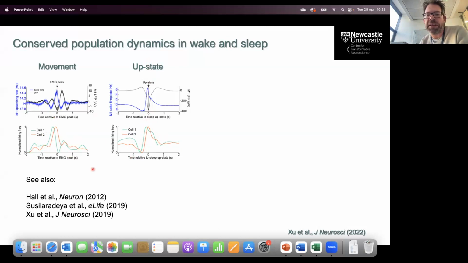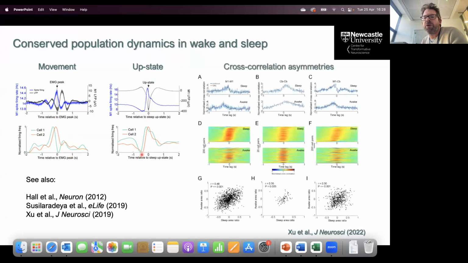Obviously this is an example that I pulled out. When we look across the population, it's not always as clear as that, but when we characterize the relative order of cells in terms of the asymmetry of their cross-correlation histogram, we find that across the population, that is indeed correlated between waking and sleep.